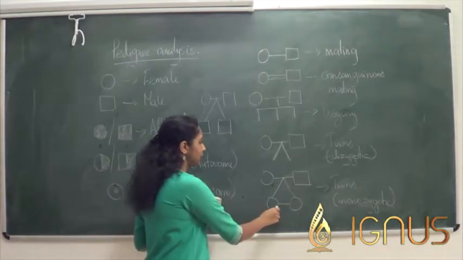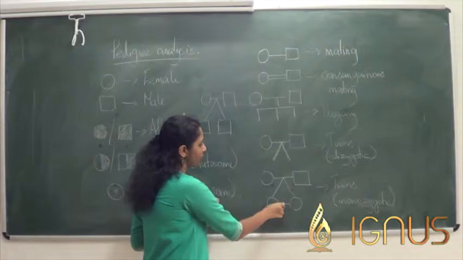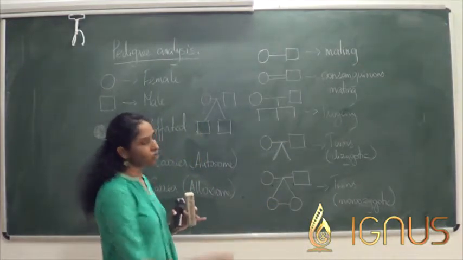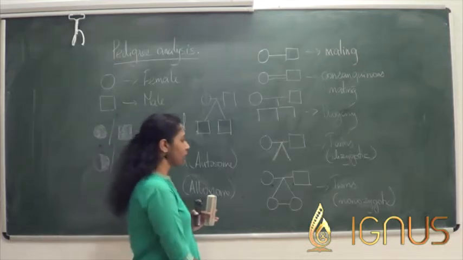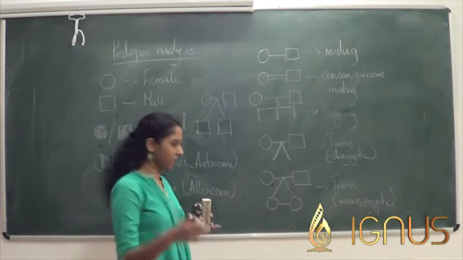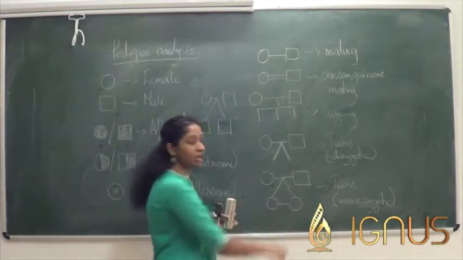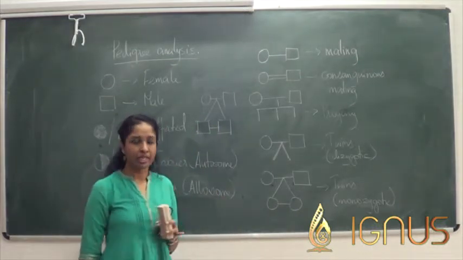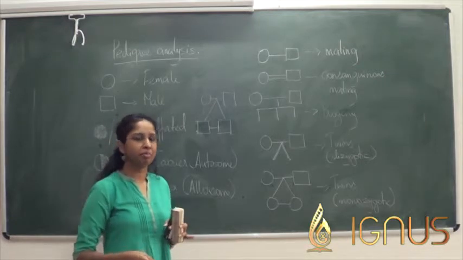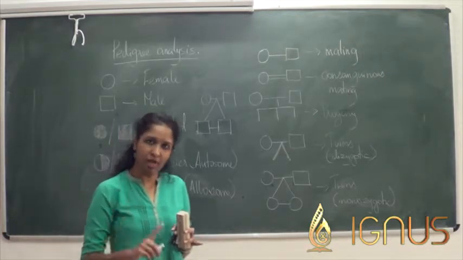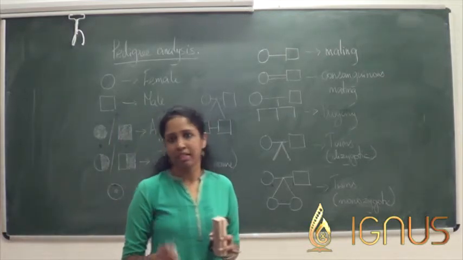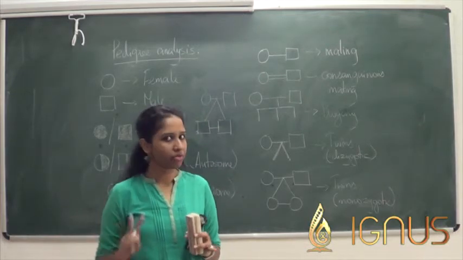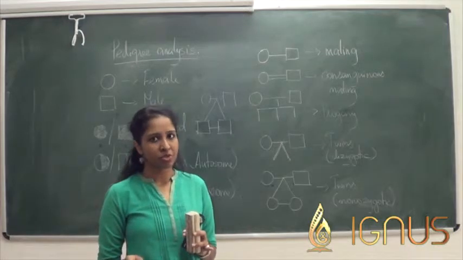And monozygotic twins can be of only two types: either both of them are female or both of them are male. They cannot be one male and one female because they are originating from only one zygote, and because of that reason they can have only one pair of sex chromosomes. They cannot have two different pairs of sex chromosomes.